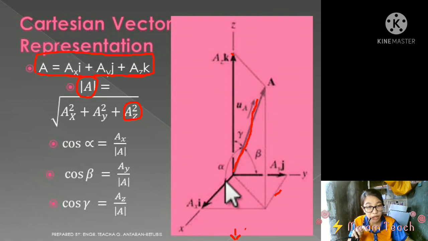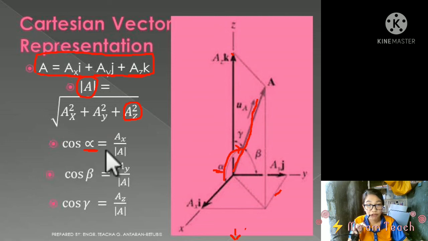So if you measure from the x-axis going to your vector A, it will be defined as alpha, the Greek letter alpha. And you'll be able to solve it using the cosine.